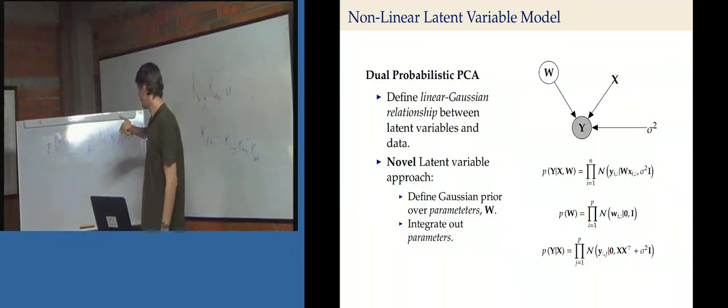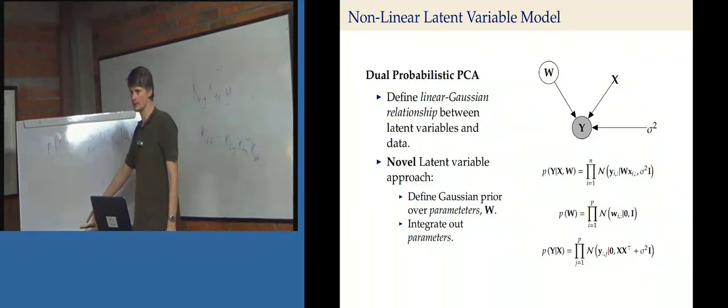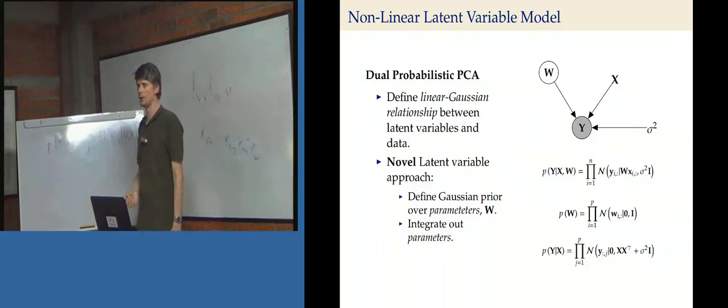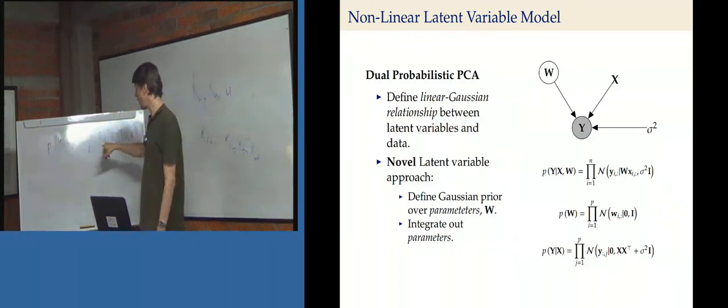Now, the parameters here scale with the number of data points. So what I want to just pause and reflect upon is, what do you do when someone gives you a new data point, a test point? If I get a new test point, I don't have an x associated with that test point.